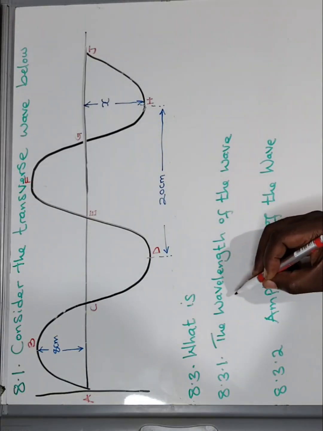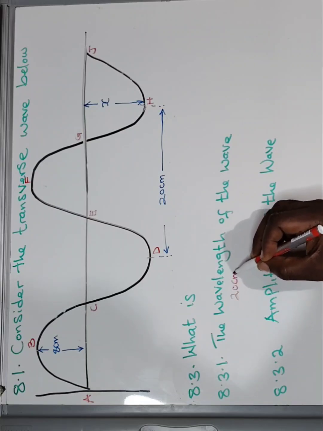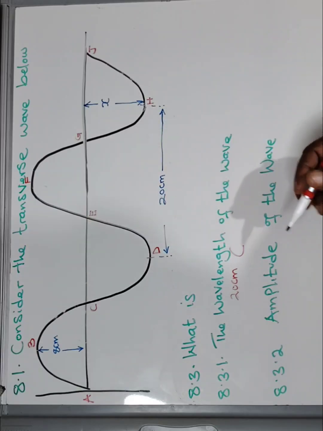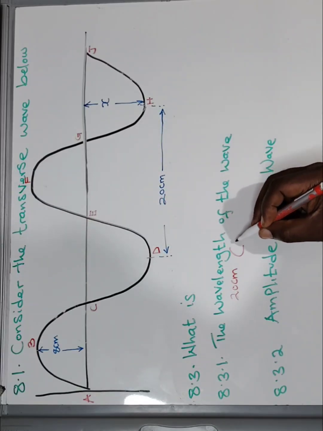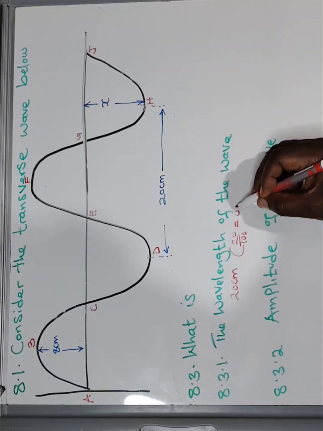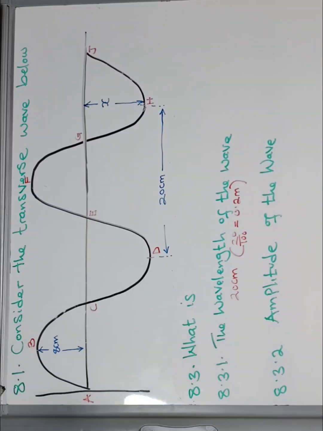So you can say 20 centimeters, or you can put it in meters as 20 divided by 100, giving you 0.2 meters.